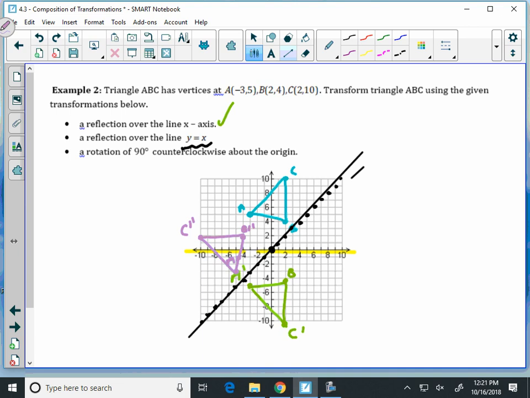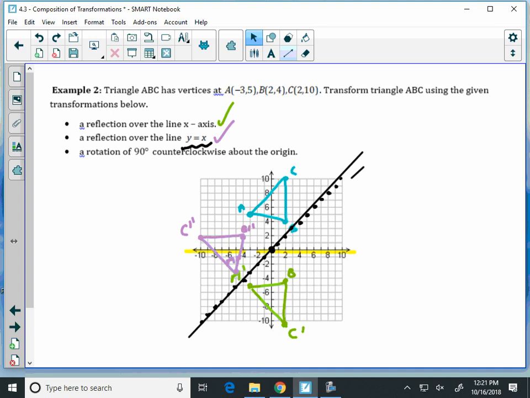So when you have that slanted line, it's like you're making a right angle. You go up, then left, or you count down, then you go right. All right, so we did that one. And then our final transformation is a rotation of 90 degrees counterclockwise about the origin. So which color triangle's vertices are we going to write down, the blue, the green, or the purple? The purple one.